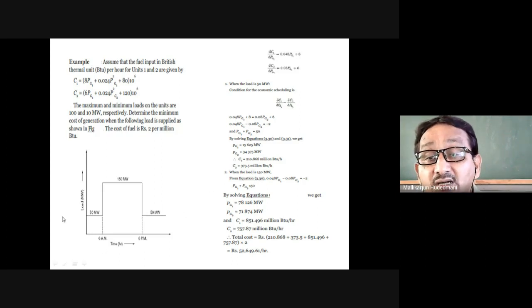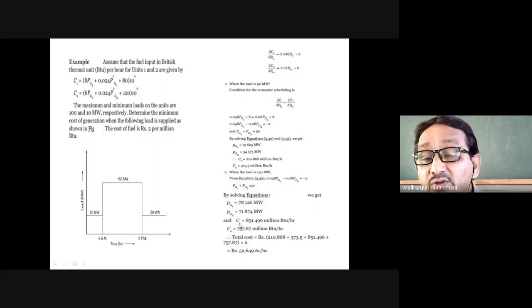Total cost of this curve fitting to meet this curve is given as rupees, you can see here, 210.868 plus 373.5 plus 851.496 plus 752.87 into 2. So whole fuel cost BTU per hour into 2. Why I multiplied by 2 here? Cost of fuel is 2 rupees per million BTU.